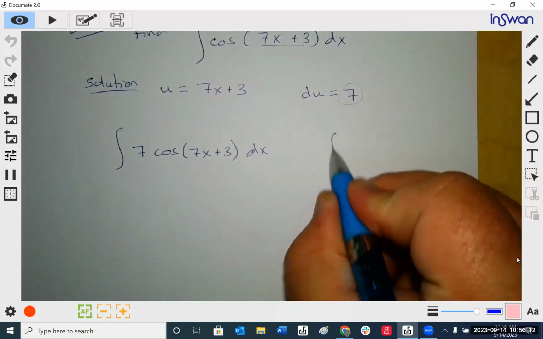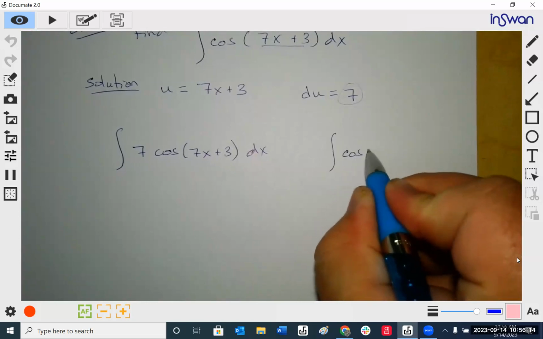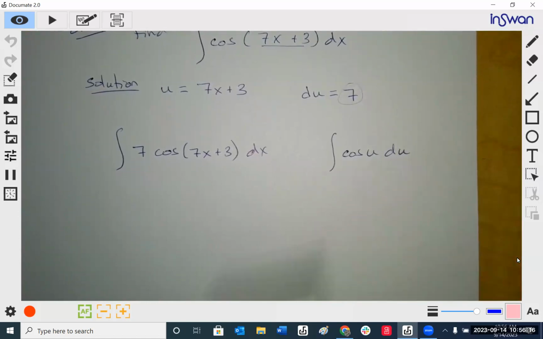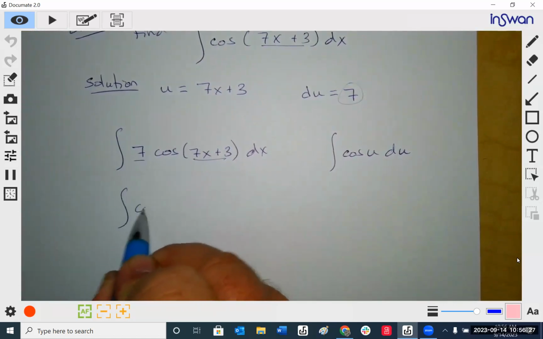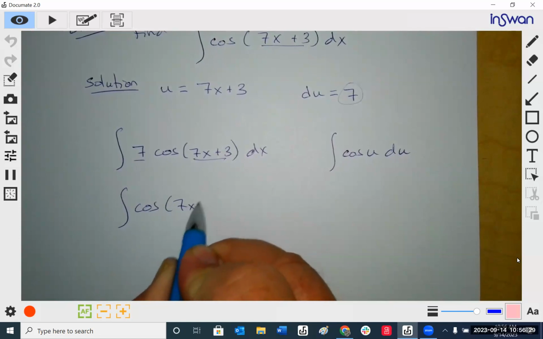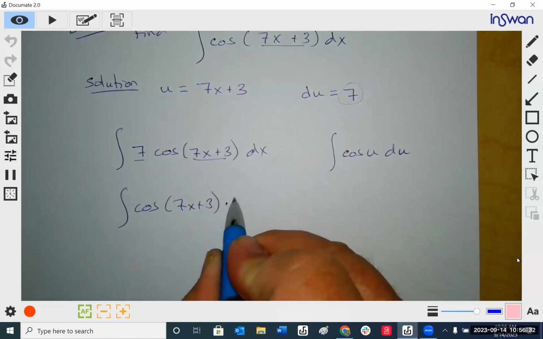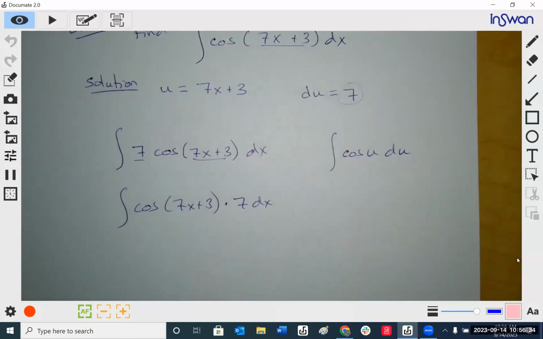Because now we have cosine u du. There's u, there's du. Actually, I should write it this way: cosine of 7x plus 3 times 7 dx.